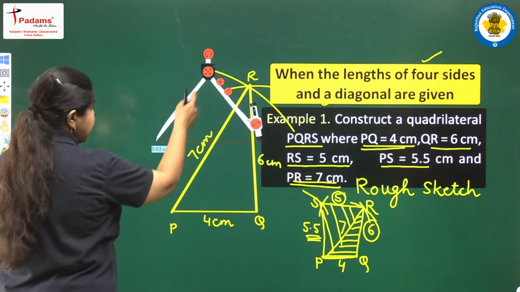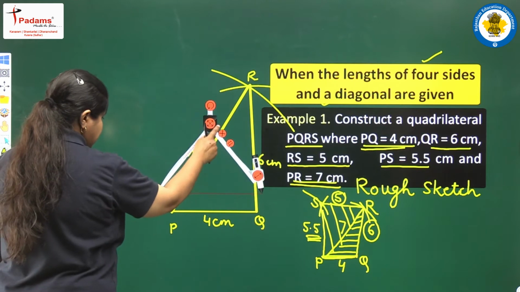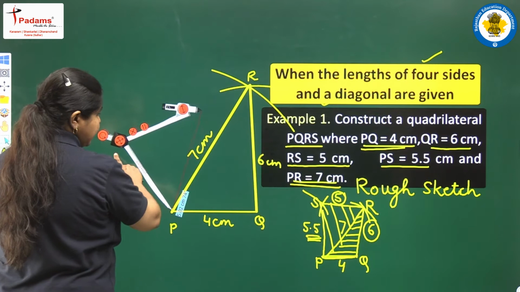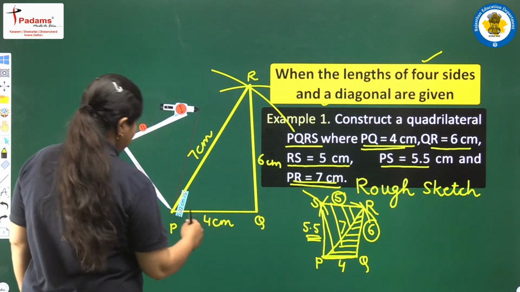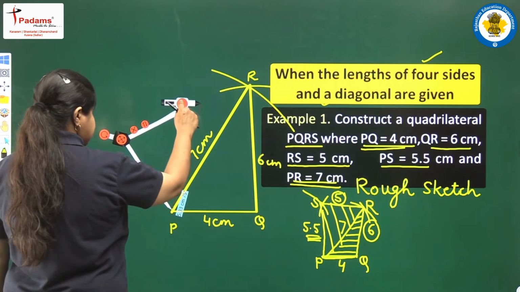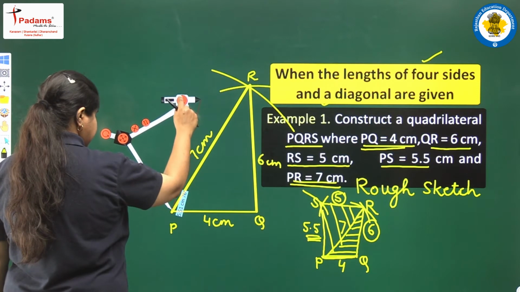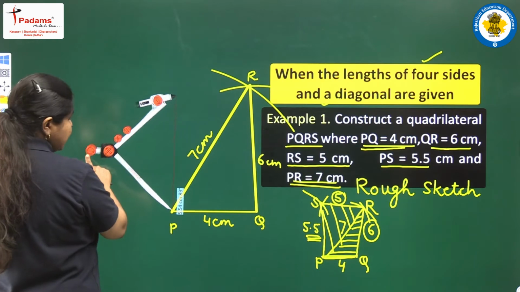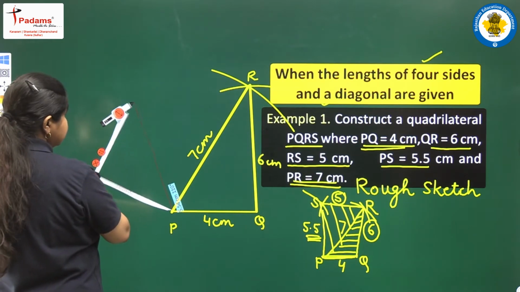Yes, we will have to keep it at point P. And what measurement do we need? 5.5. So let us bring it to 5.5. Yes, this one is 5.5, and for this we need to draw one arc.